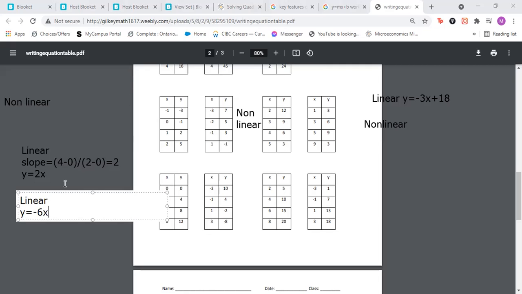And then since there's no 0 here, oh wait, it wouldn't be -6x. You would have to find the slope, the difference between y and the difference between x. So it'd be 10 minus 4 divided by -3 minus -1.